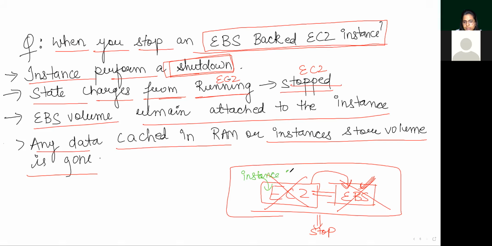Instance storage you can understand as your computer RAM. As soon as you turn off your PC, the data inside your RAM also gets lost, but the data that is in the pen drive you have attached to the computer is not affected if you shut down the computer. It is like that. Getting it? Got it. Instance storage and EBS are different.